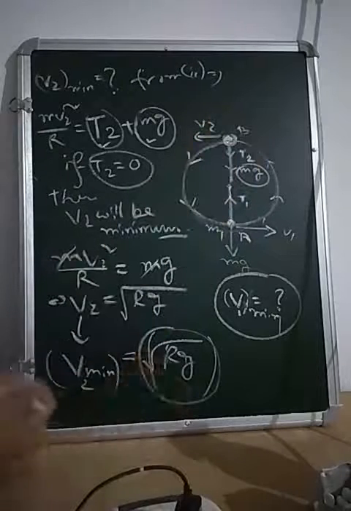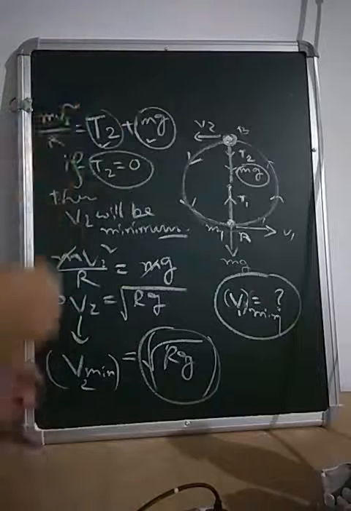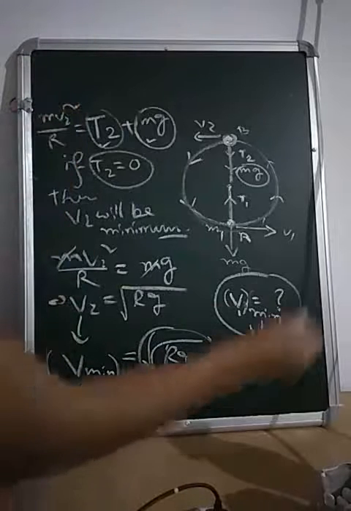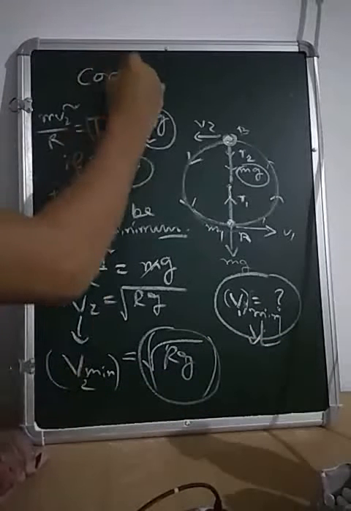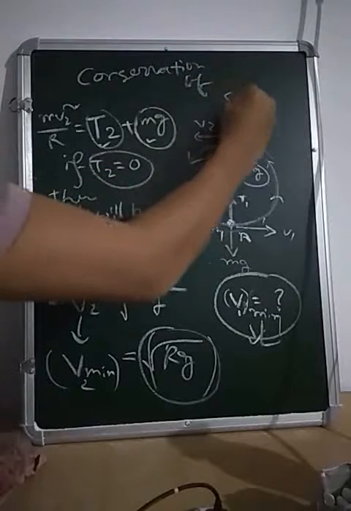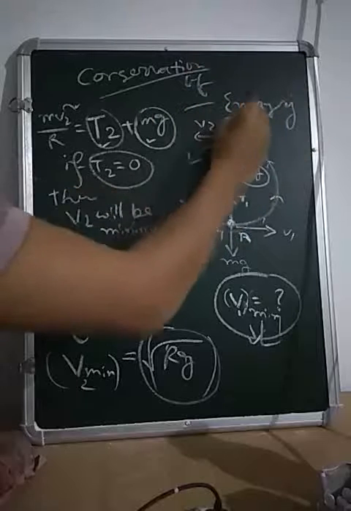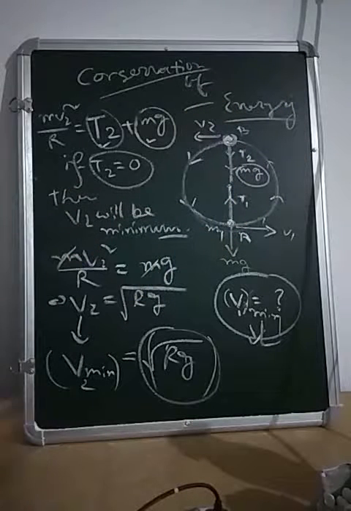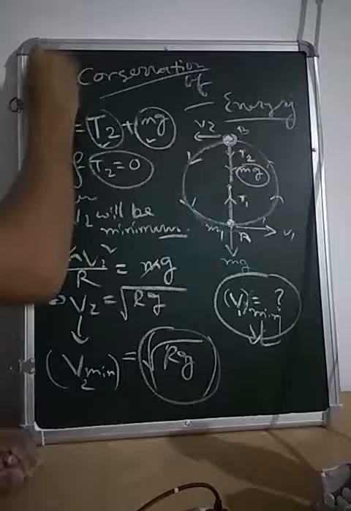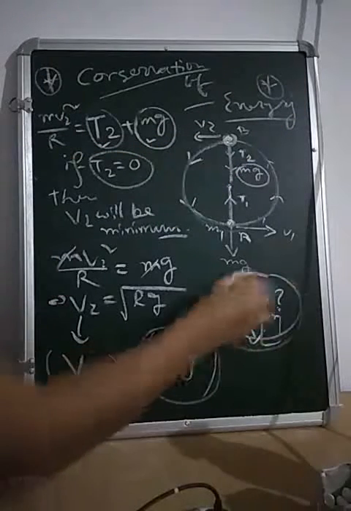For this purpose, we have to know about the conservation of energy. Like conservation of momentum, there is also conservation of energy. So first we have to learn about conservation of energy before calculating V1 minimum.